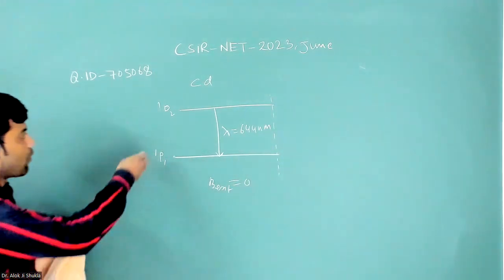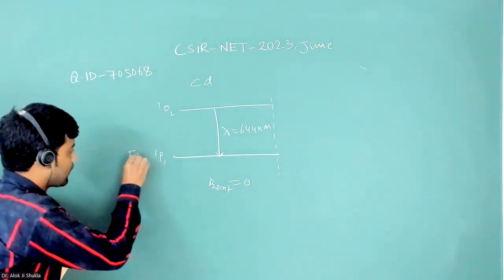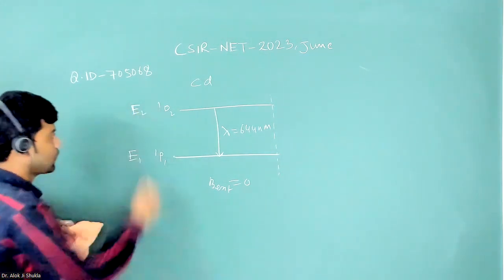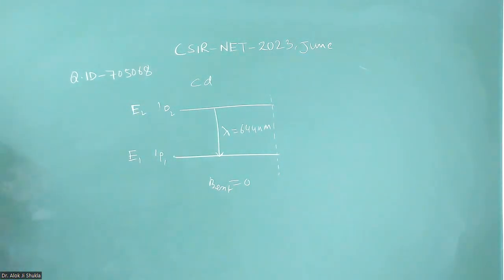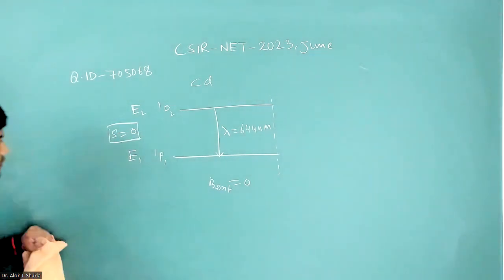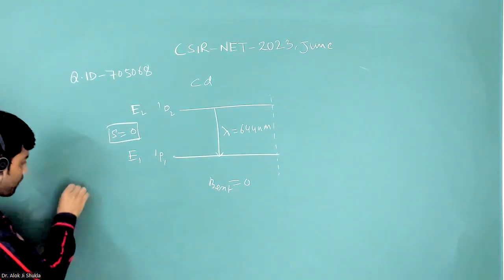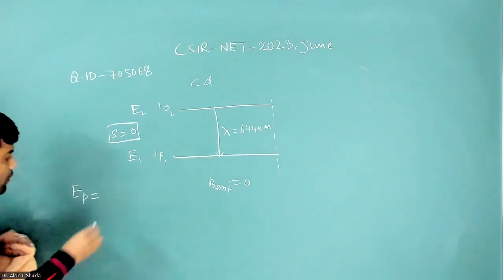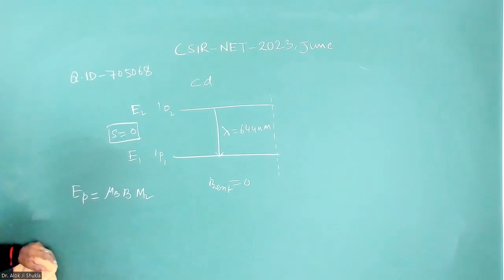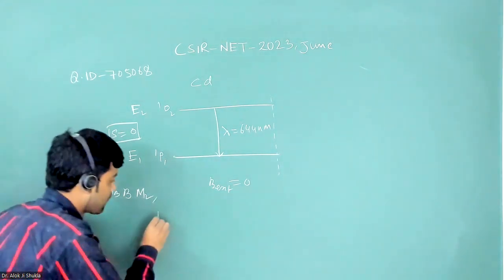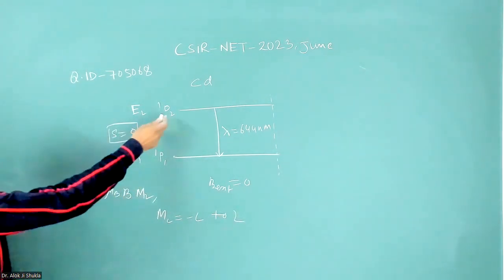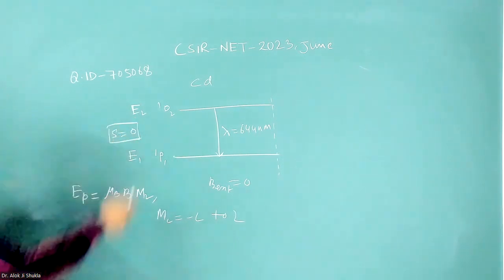Suppose you have these states. Let us denote the energy level of this as E1, and this as E2. For the normal Zeeman effect, this is the case when S equals 0, and in that case that part of the Hamiltonian, or part of the energy, can be written as mu_B into ml, where ml can run from minus L to plus L. So for this case, J equals L for both states.